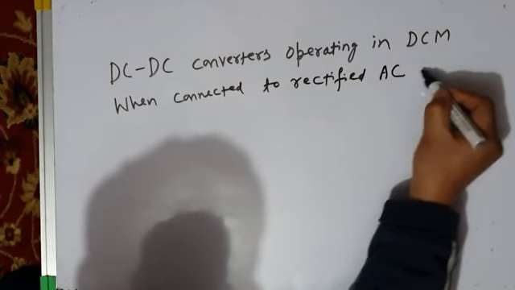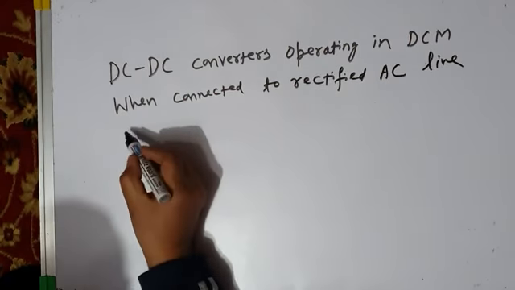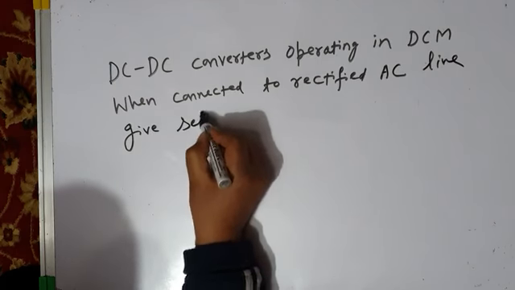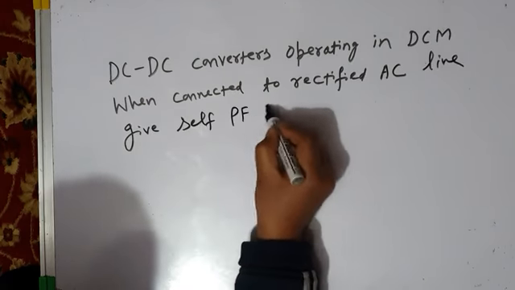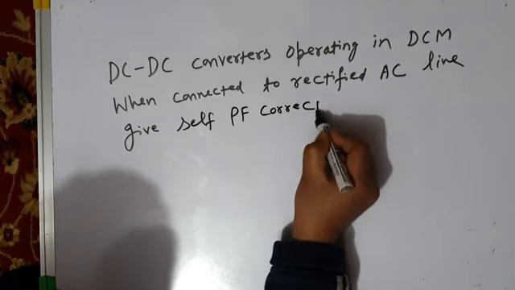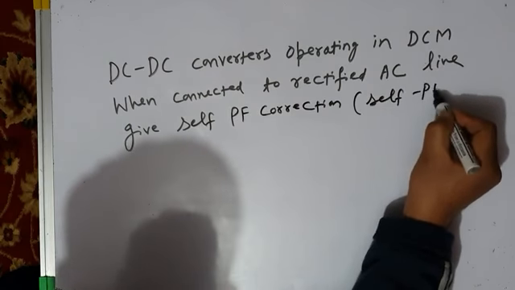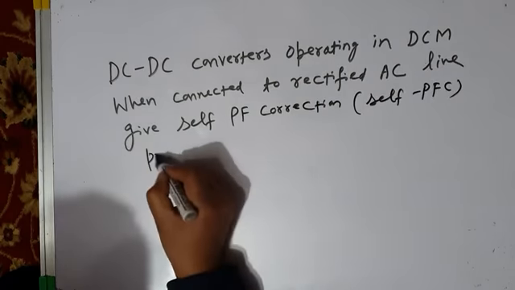When connected to a rectified AC line, give self power factor correction, which is also called self PFC property.